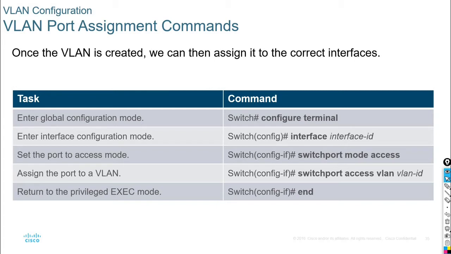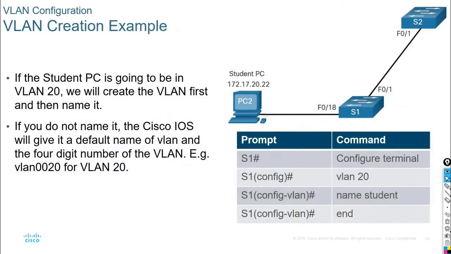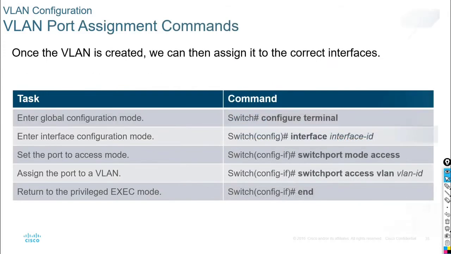With this command, the interface changes to strictly access mode. Access mode indicates the port belongs to a single VLAN and will not negotiate to become a trunk link here. So in the figure above, you can see port F0/6. Okay, we'll go through another example for this.